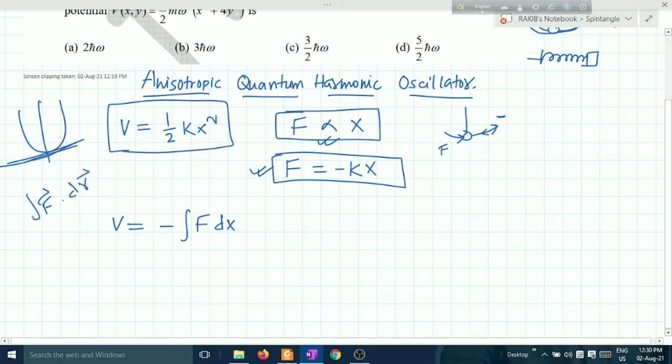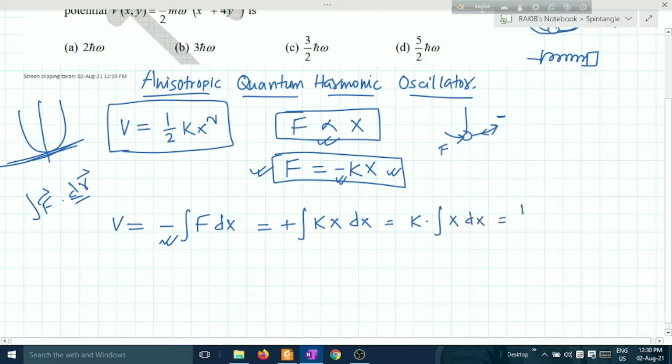In two or three dimensional cases there will be more terms. What is F here? F is equal to minus kx. Putting minus kx here, minus and minus become plus: k x dx, so k times the integration of x dx.